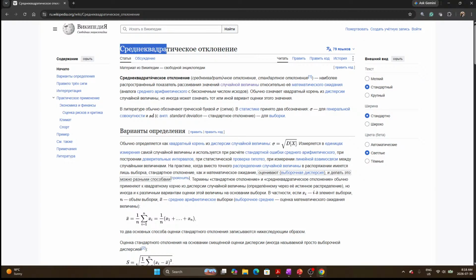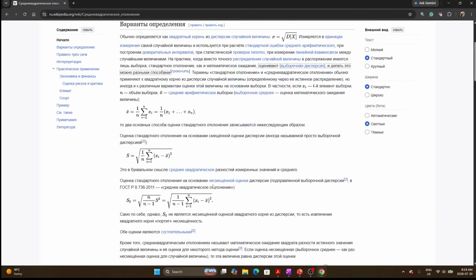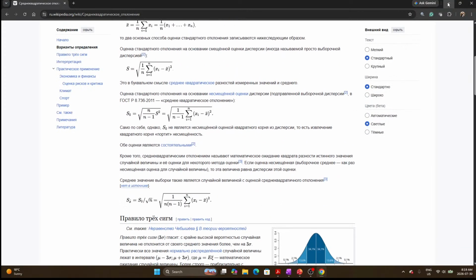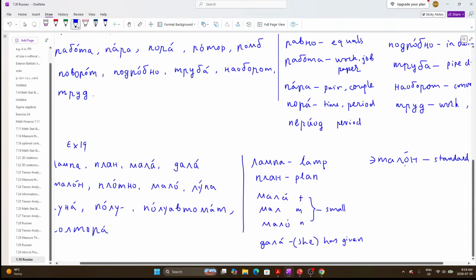Среднее квадратическое, it kind of makes sense, right? Среднее is middle, квадратическое is like squared, and отклонение, I have no clue what that word means, but it doesn't have the word эталон in it.